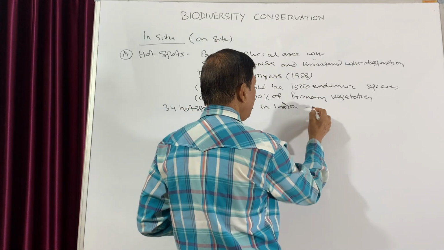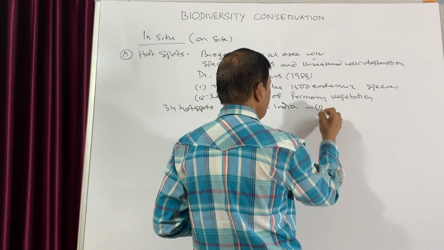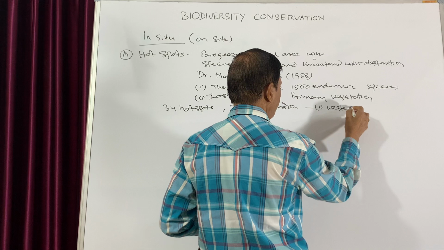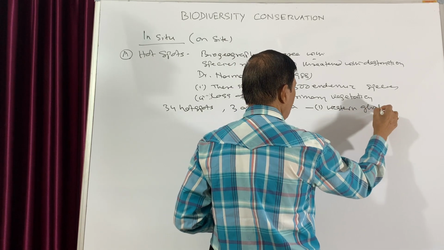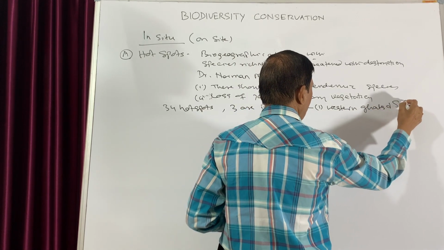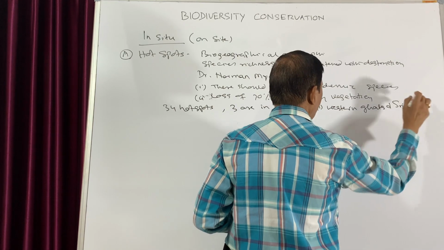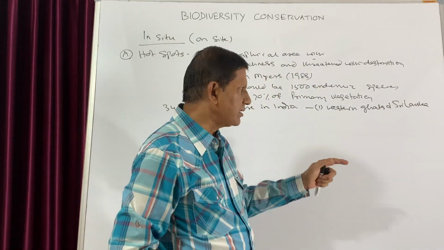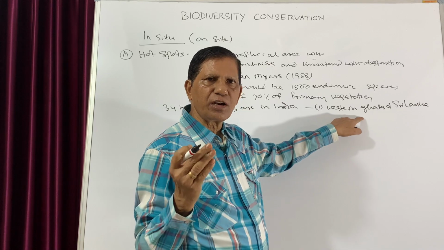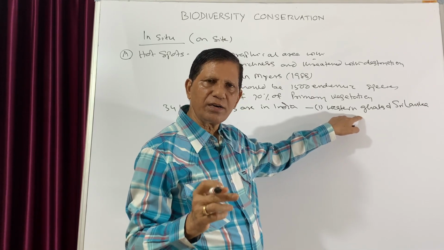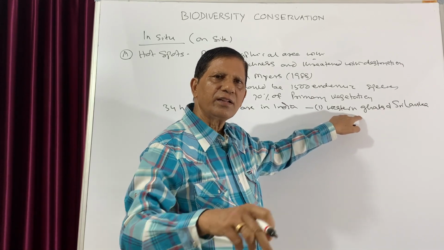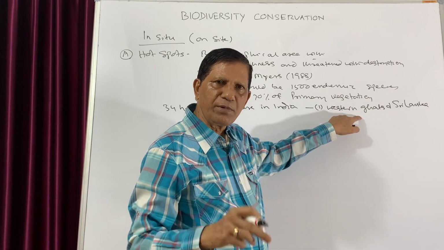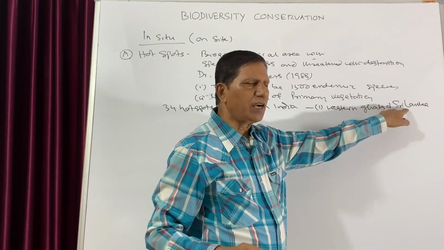And these 3 are, number 1, the Western Ghats and Sri Lanka. That means the Western Ghats cover the western part of Maharashtra, Karnataka, Kerala, then the eastern part of Tamil Nadu, and it extends up to Sri Lanka.